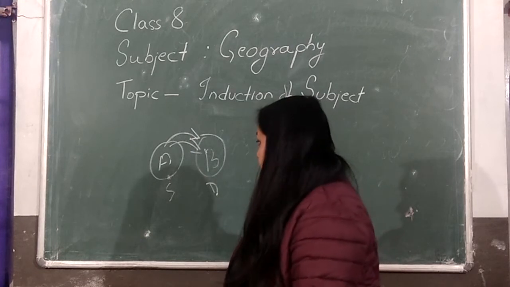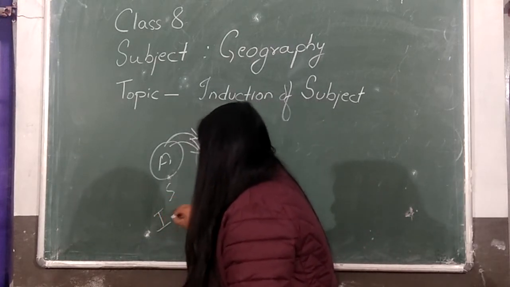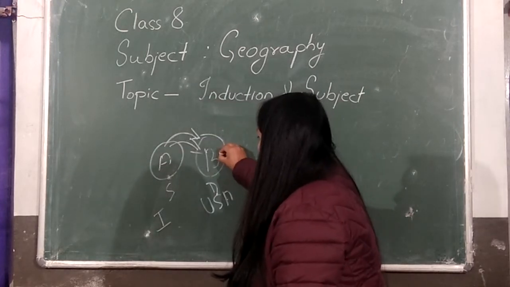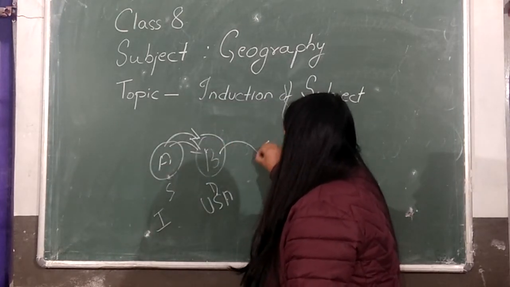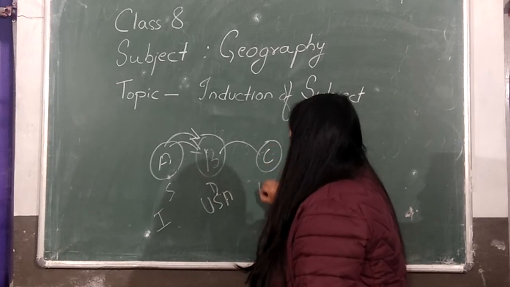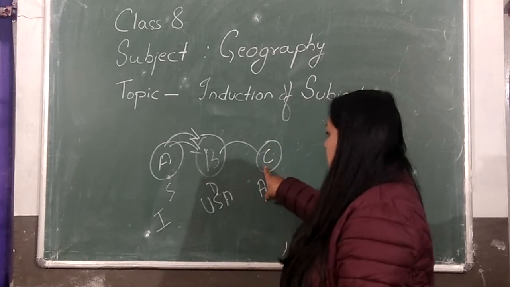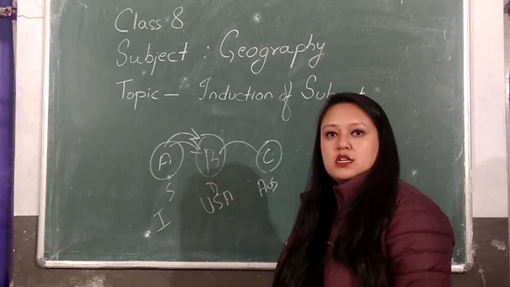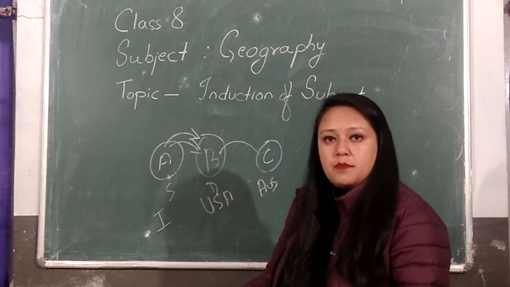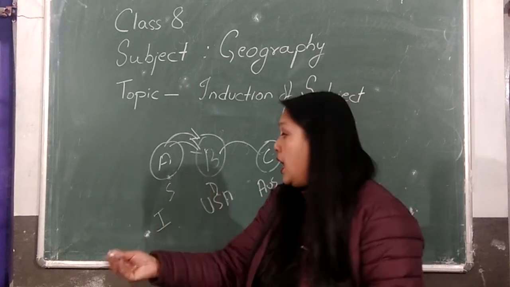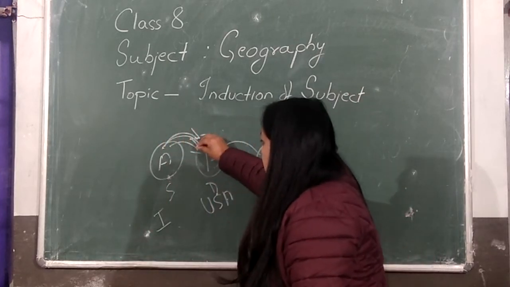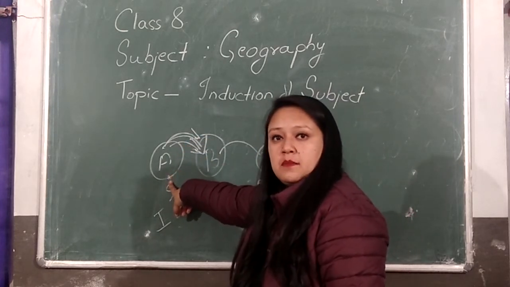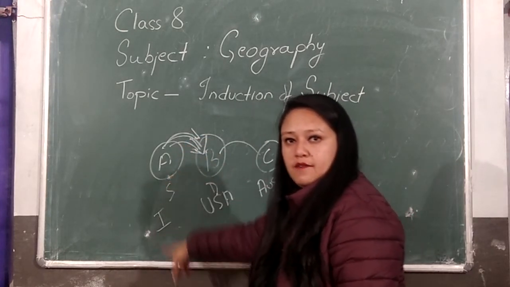So this may be India, this may be USA. Now, if people are moving from UK, USA to say Australia, then Australia is the destination country for some people and USA is the source country. So it depends upon from where people are moving out and going in. It doesn't mean the same country is the source country for everybody.